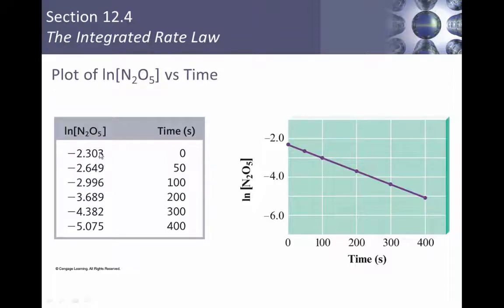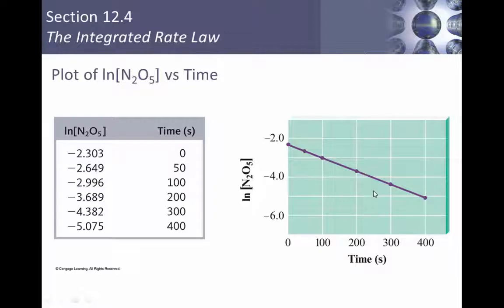So here's the data from taking the natural log of the concentration data from a previous podcast. And then once you plot that, so you can see it's plotted over here, here's your y, here's your x of your integrated rate law, it forms a straight line.